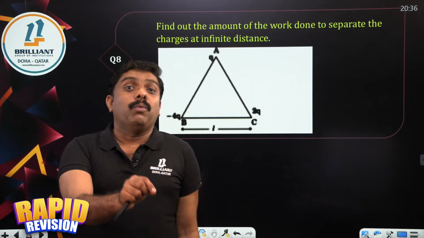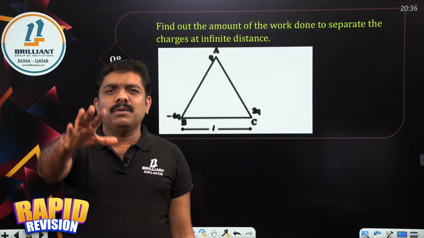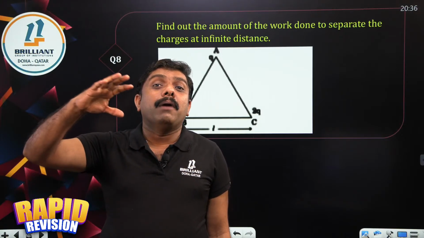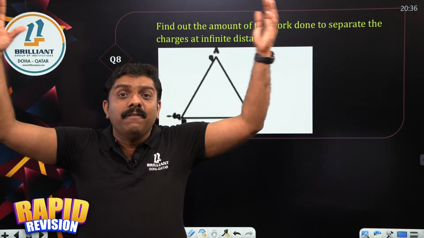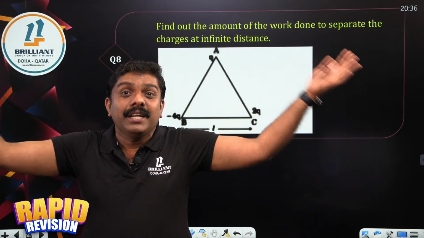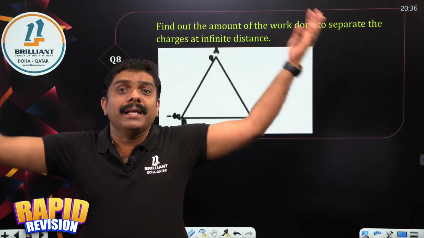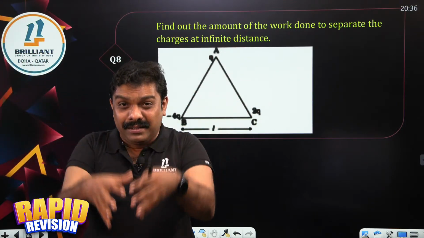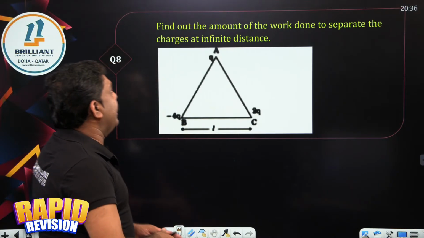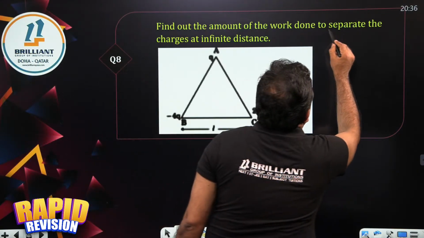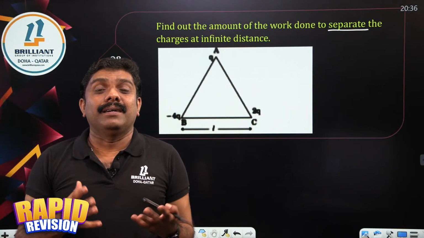There we studied what is the potential energy of a system of charges. Potential energy of a system of charges is the amount of work done to bring the charges from infinity to their respective locations. That is potential energy, bringing them together. But they are not asking that here; they are asking to separate them. In order to separate them, what is the work done required?